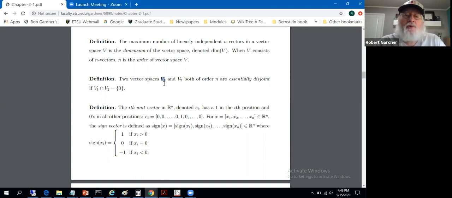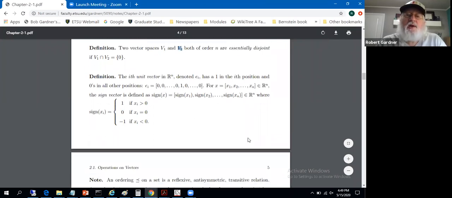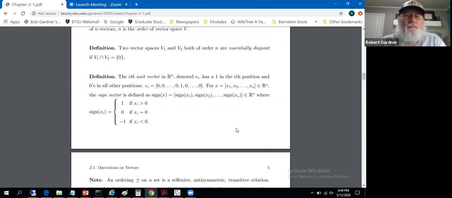V1 is all vectors that in standard position lie in the XY plane. V2 could be all vectors that point directly up or directly down. In standard position, they lie along the z-axis. So we've got the floor down here, and we've got the z-axis here. The only place they intersect is at the 0 vector. I like geometry when it's there. As long as we're talking Rn and nothing too exotic, we probably get geometry out of these.